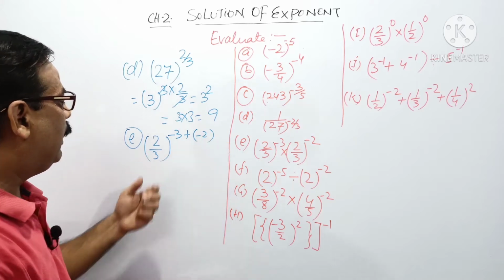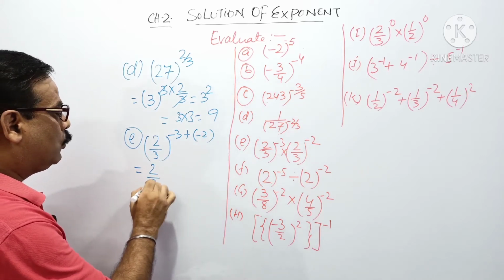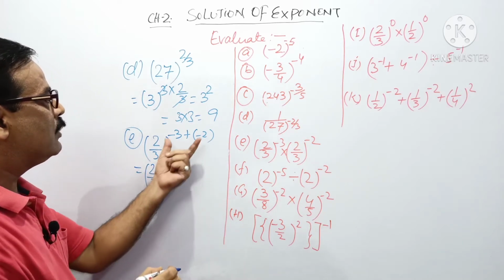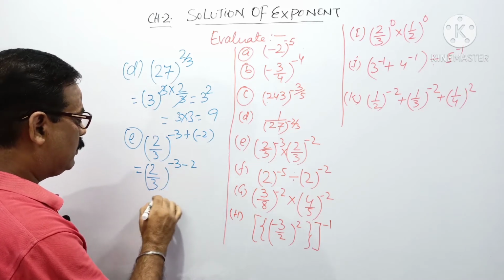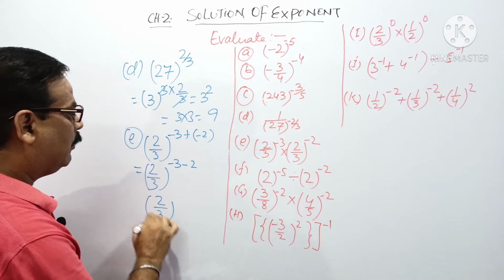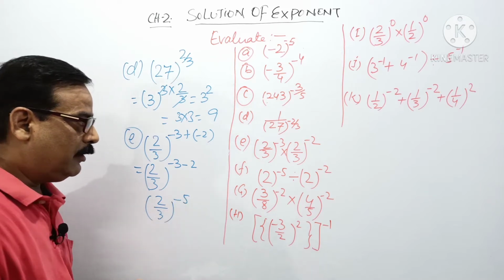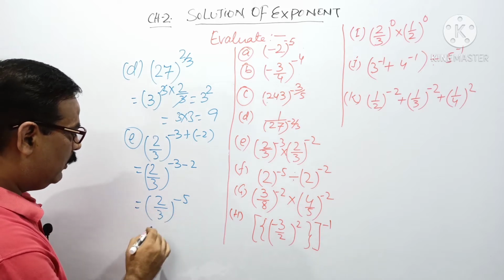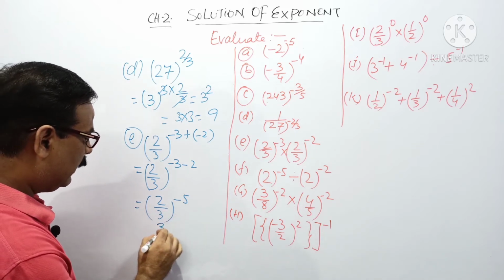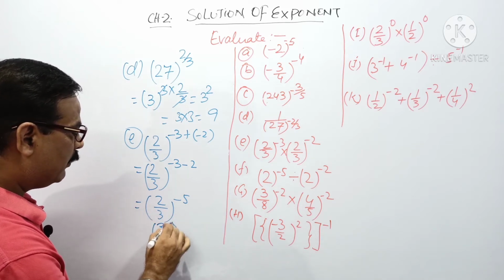So what will happen here? We can write 2 by 3 and we can solve -3 -2, that is 2 by 3 and the power is -5. We can find this term's value by writing the reciprocal 3 by 2 and the power is 5.